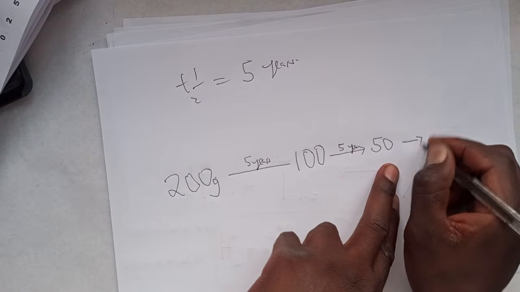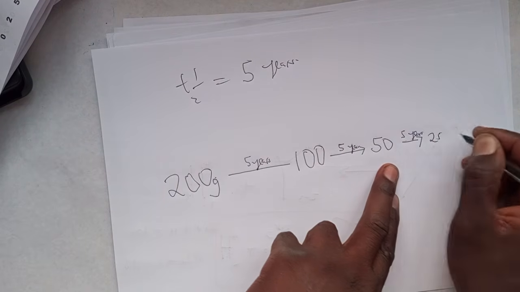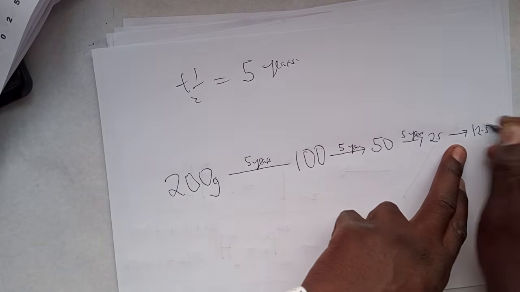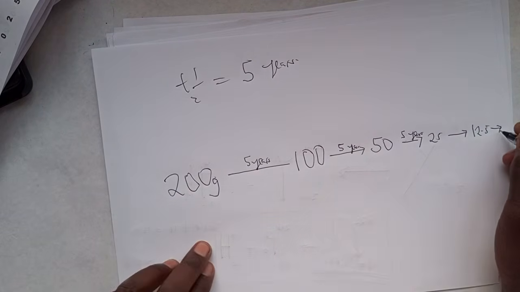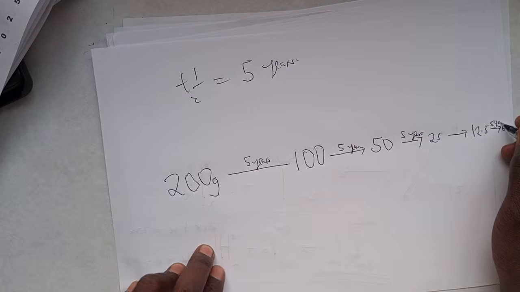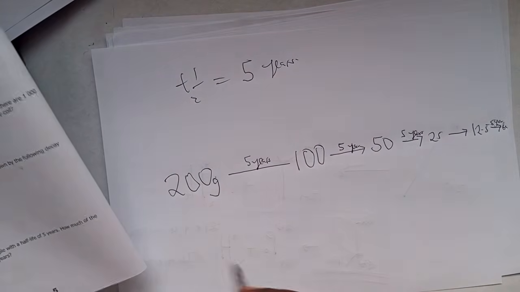It takes another 5 years for this to reduce to 25. It takes another 5 years for this to reduce to 12.5. It takes another 5 years for this to reduce to 6.25. Now, we are asked how much of this will remain after 20 years?